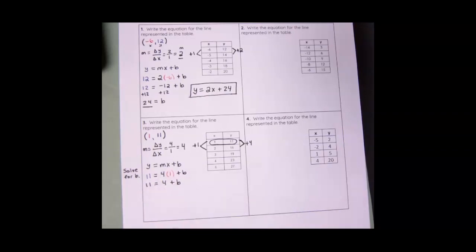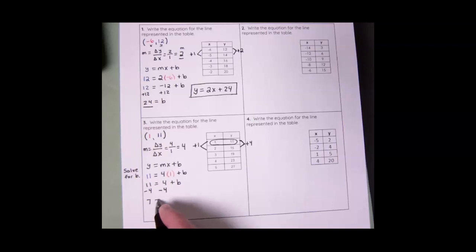Now I need to get b by itself, so I need to move 4 over here, and the way I move 4 to the left side is I do minus 4, minus 4, so 11 minus 4 is 7, equals b. So now I've just discovered that 7 is my b value.